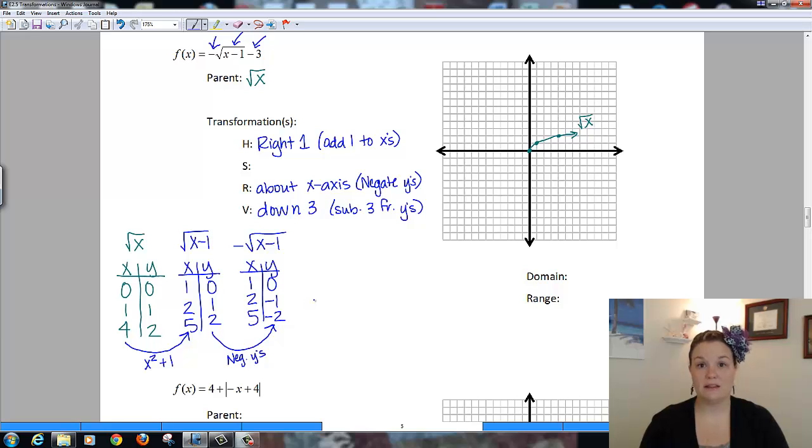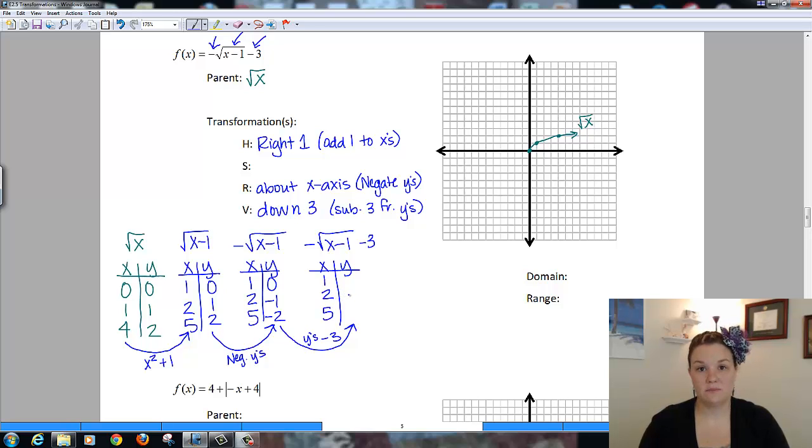And now I can do my last transformation, which is to move my picture down 3, so I can put my subtraction of 3 on the outside of the function. And to do that, I'm going to take my y values from the last table and subtract 3. So I'm going to do y's minus 3. My x's will stay the same, 1, 2, 5.